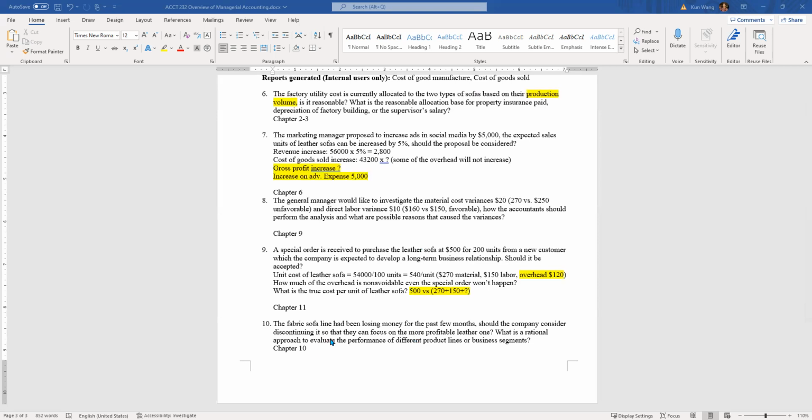Okay. So those are really interesting but critical questions managers face on a daily basis in any type of organization, not only for manufacturers. You have similar concerns for merchandisers, service companies, and even not-for-profit organizations. And on this information, managerial accountants can chime in and make significant contributions.